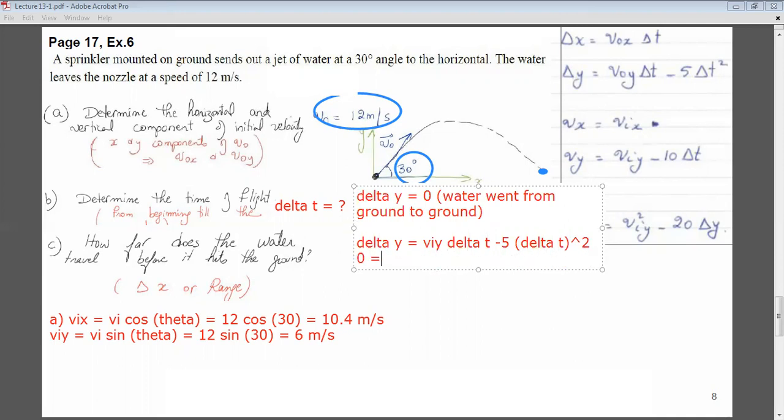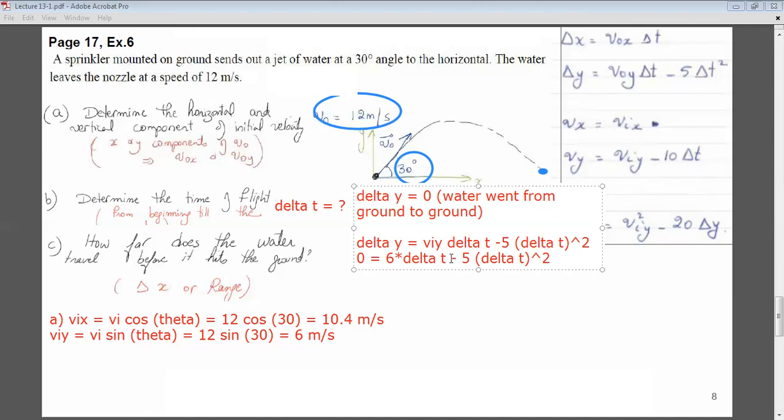This is equal to v initial y, which we have just calculated, 6, times our unknown delta t, minus 5 delta t squared. Okay, so this is a quadratic equation which has delta t squared, delta t, and some numbers. Actually, this is an easy quadratic equation.